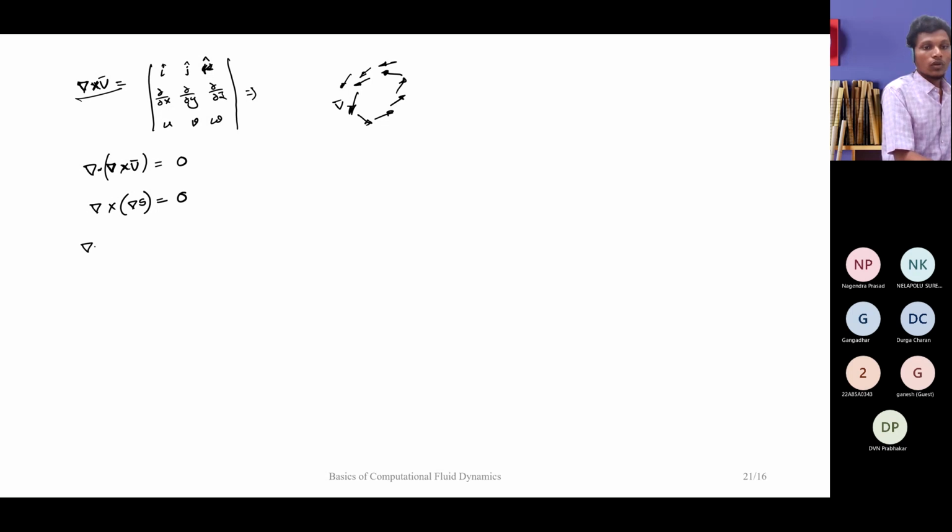The divergence of a vector multiplied by a scalar can be written as s del dot v bar plus v bar dot del s. You don't need to remember all these, but these are called vector calculus identities.